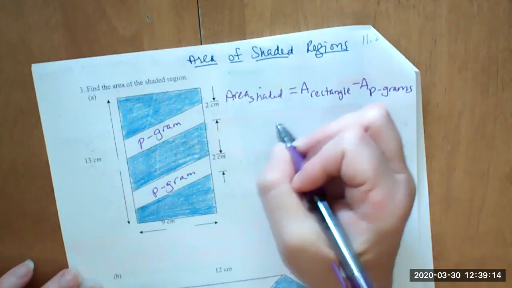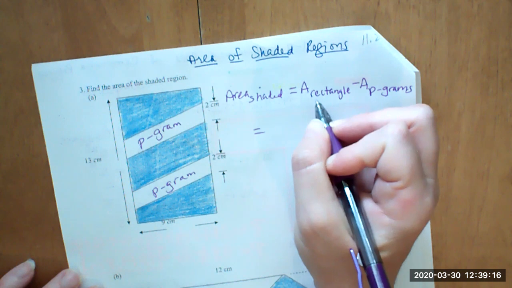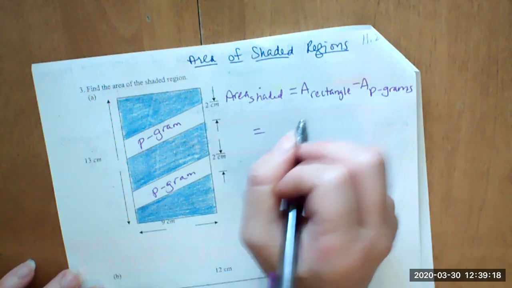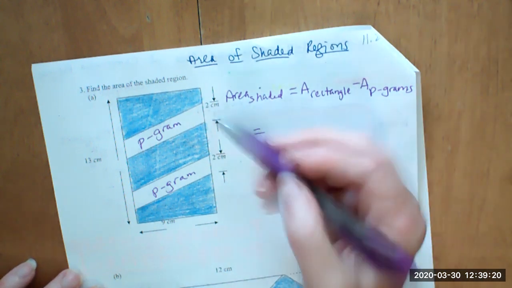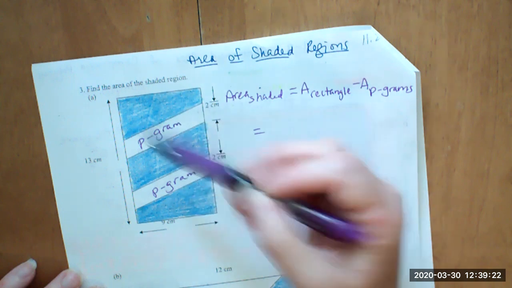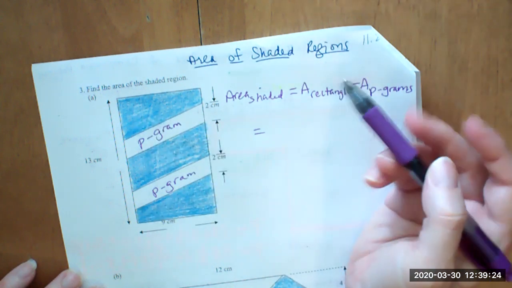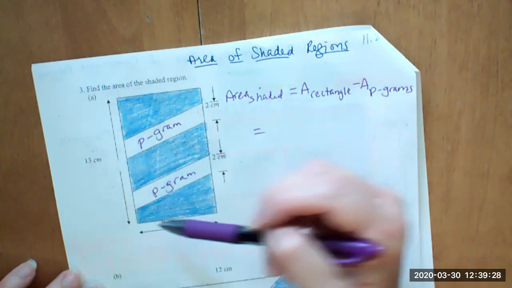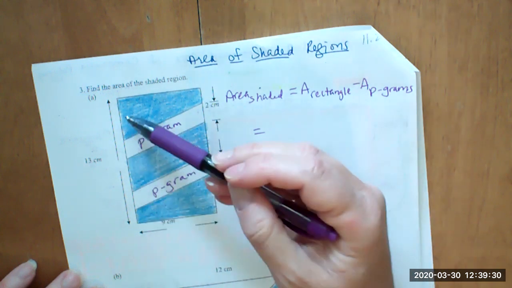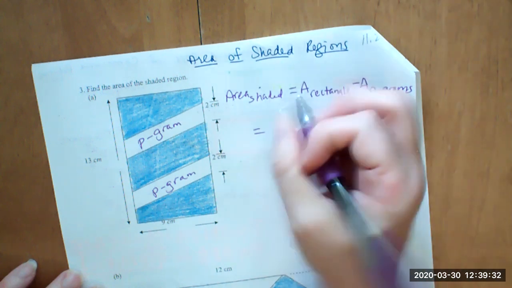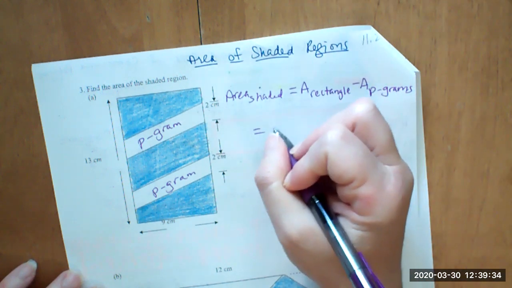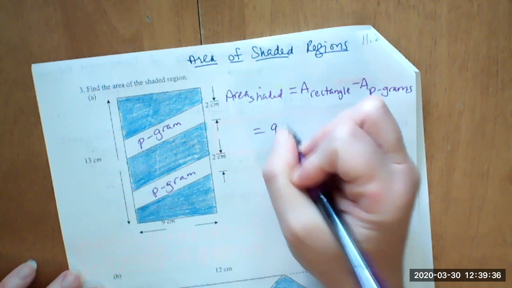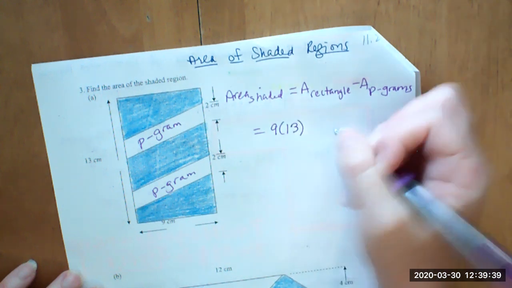So as far as formulas for this, the area of the rectangle we know is going to be the base times the height of the rectangle. So let's go ahead and work that out. We've got the base here is 9, the height is 13. I think we can all do that without writing a formula. So we've got base times height is 9 times 13 for the rectangle.